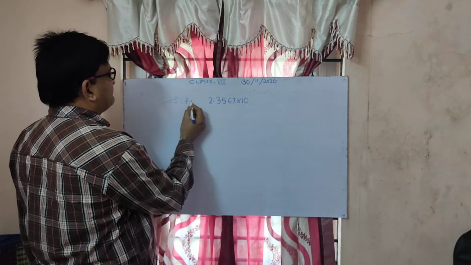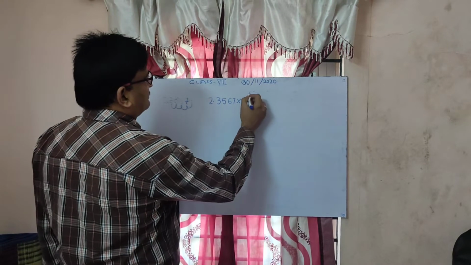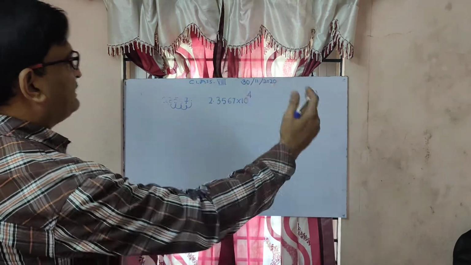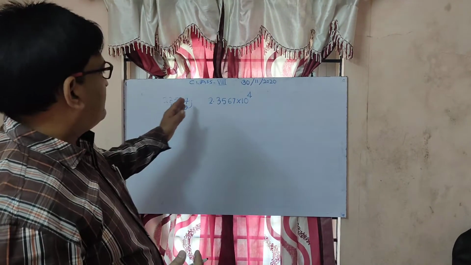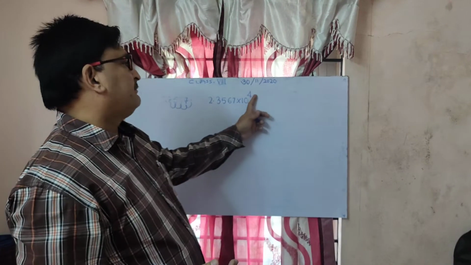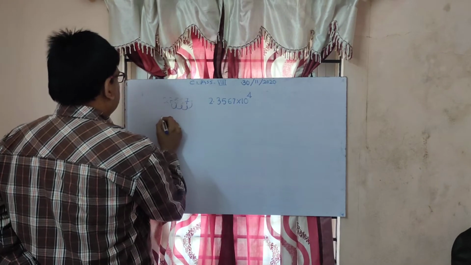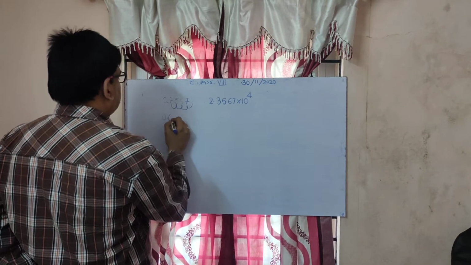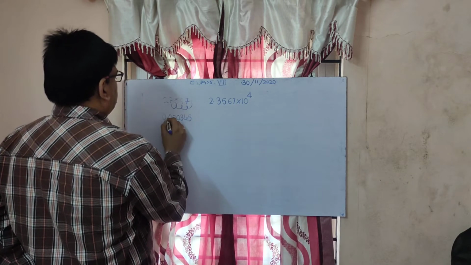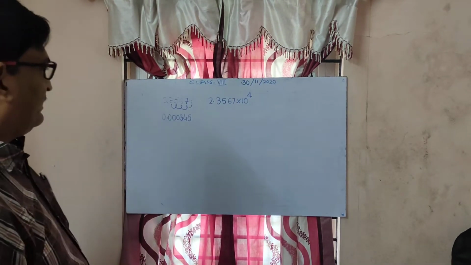So now the point is moved 1, 2, 3, 4. It moved 4 places. So 10 to the power 4. If the decimal point moves from right to left, the power will always be positive. Now 0.00345.